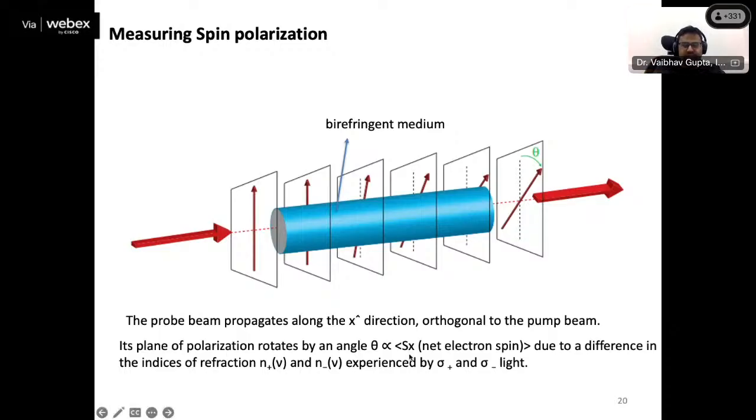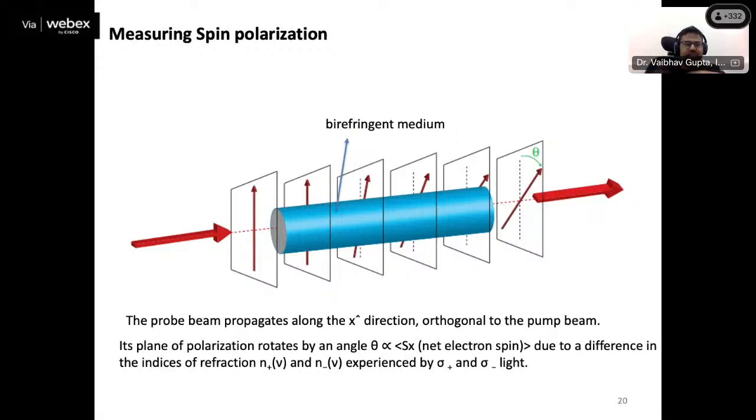This is due to a refractive index difference for sigma plus and sigma minus, which are two circularly polarized lights. What they want to say is that the linearly polarized light which you are incident with can be represented as a combination of LCP and RCP.